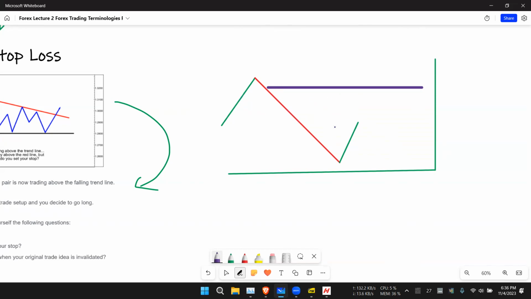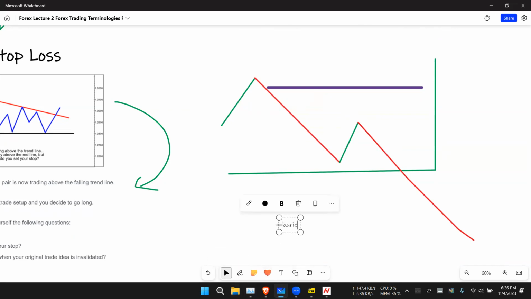No, like let it go. We don't know how long this is going to be stuck on this part. Maybe it should go even down. Maybe the market is crashing and it's going down and down and down, and it doesn't get up. So we need some kind of barrier to prevent this from happening.